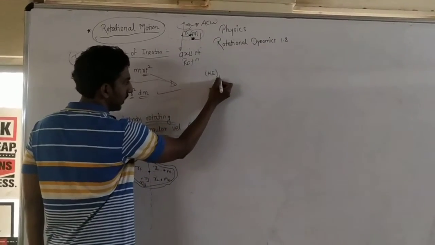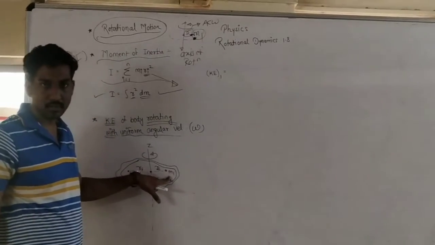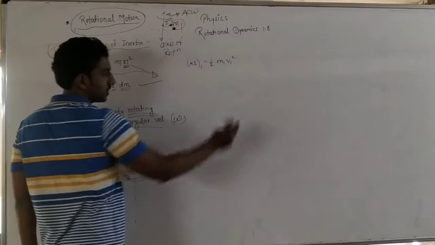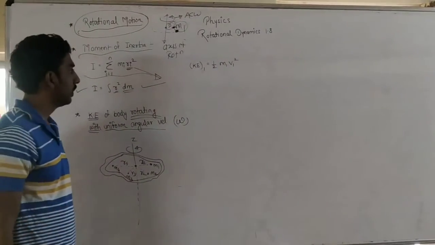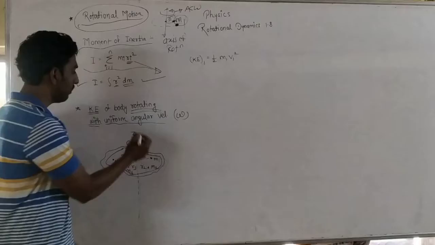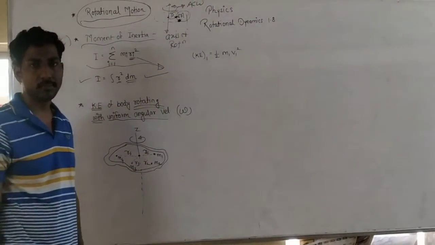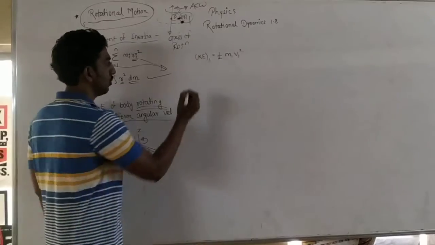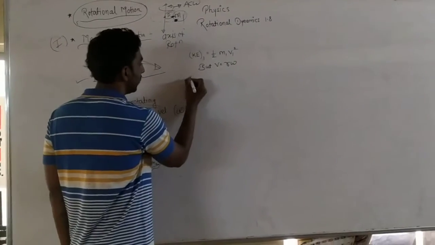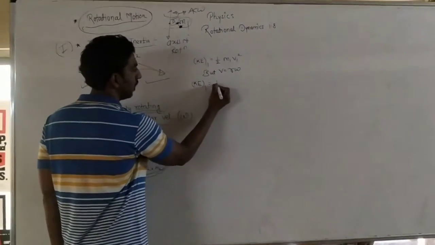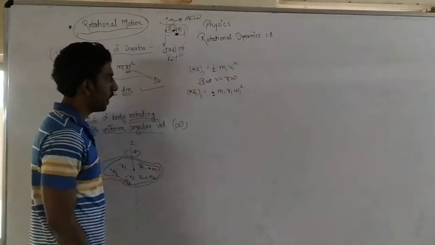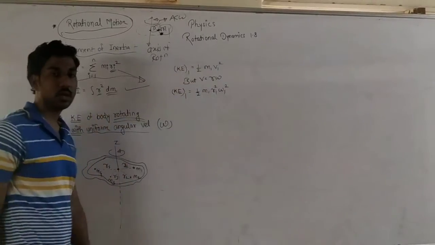We know the basic formula for kinetic energy. For the first body m1, the kinetic energy will be half m1 v1 square. Now, as it is rotating, there should be omega, the angular velocity. We know that v is nothing but r omega. So the kinetic energy for the first particle will be half m1 r1 square omega1 square.